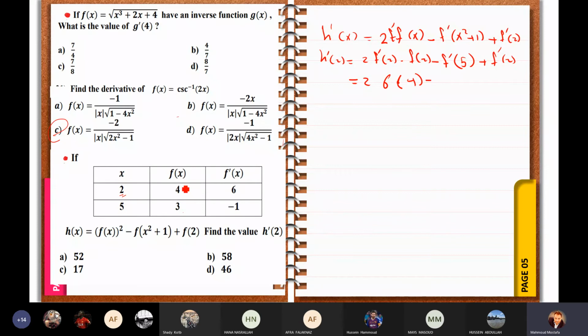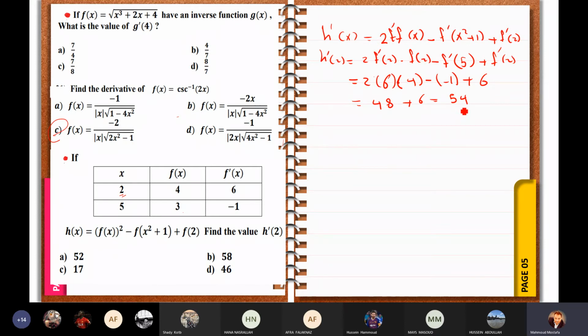F prime of 5, when x is 5, f prime is -1. F prime of 2 is 6. 2 multiply 6 multiply 4 is 48. Minus minus means plus 6, so it is 54.